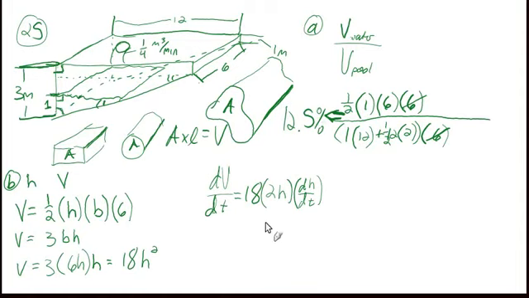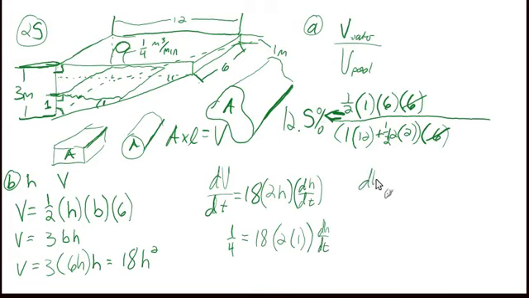Now I can start filling things in if I know them. I know the rate at which the volume is changing with respect to time is given right here. It's this water that's coming out. It's 1/4. And over here, I know that the height is 1. They told me that. I don't know dh/dt, but that's okay because that's what I want to find out.